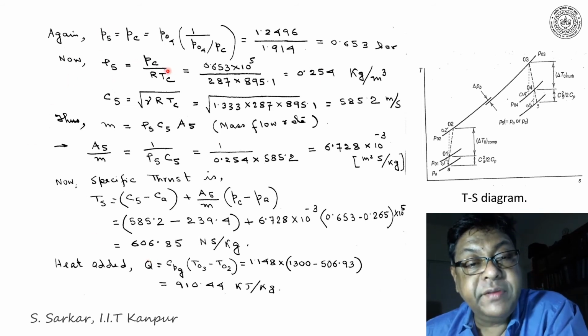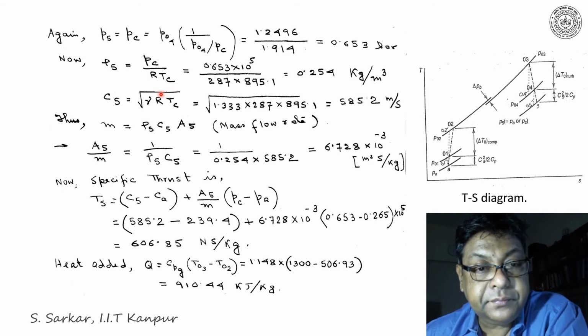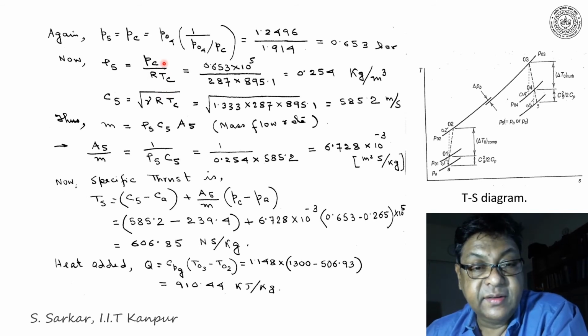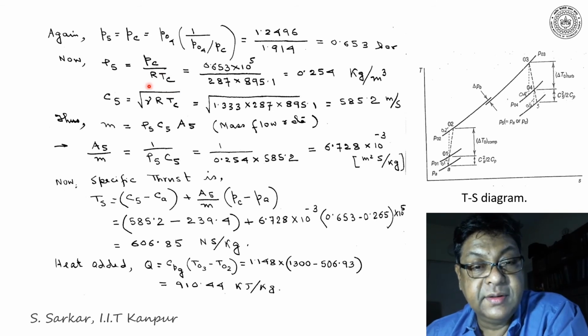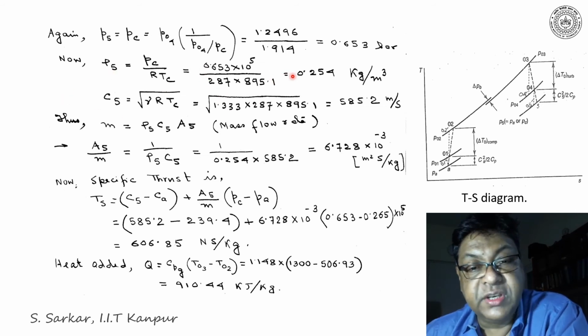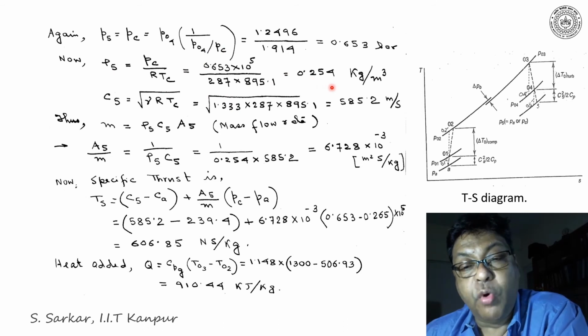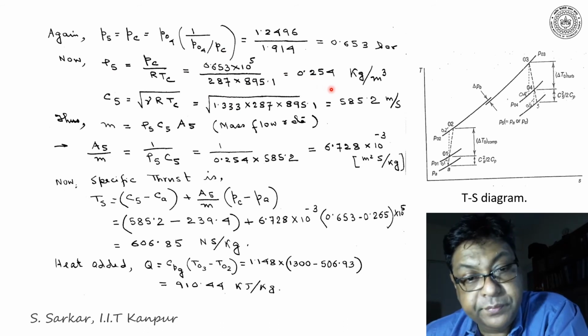Thus rho 5 is equal to PC divided by R into TC. I know PC, I know TC, the R is equal to 287. So I have put here all the values and I have got rho C as 0.254 kg per meter cube.